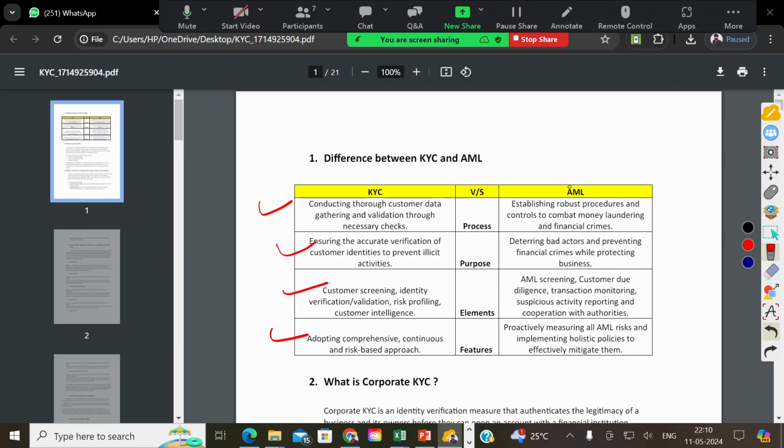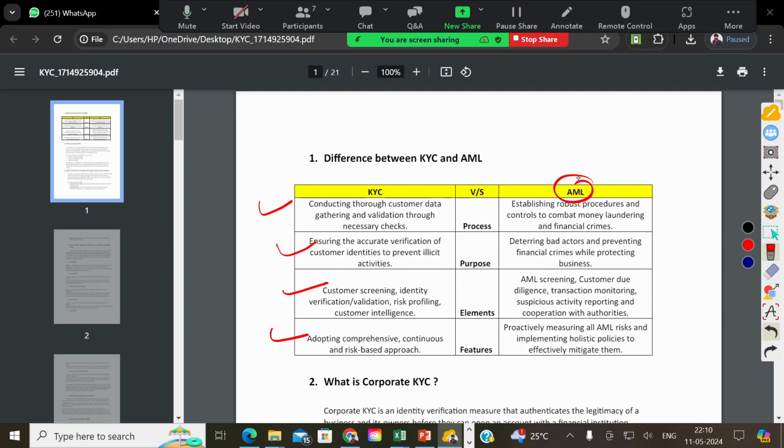And on the other hand, let's discuss AML as well, the anti-money laundering part. The AML process establishes robust procedures and controls to combat money laundering and financial crimes.